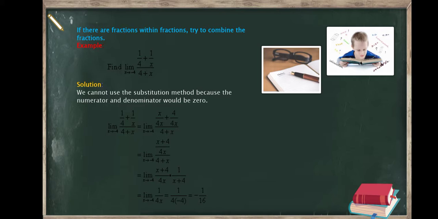4 is equal to the limit of x over 4x plus 4 over 4x all over 4 plus x as x approaches negative 4, which is equal to the limit of x plus 4 over 4x all over 4 plus x as x approaches negative 4, which is equal to the limit of x plus 4 over 4x times 1 over x plus 4 as x approaches negative 4, which is equal to the limit of 1 over 4x as x approaches negative 4.